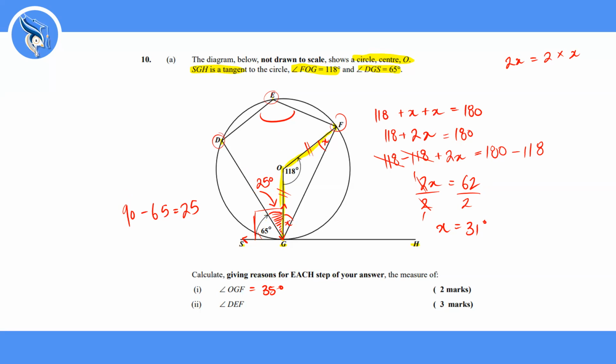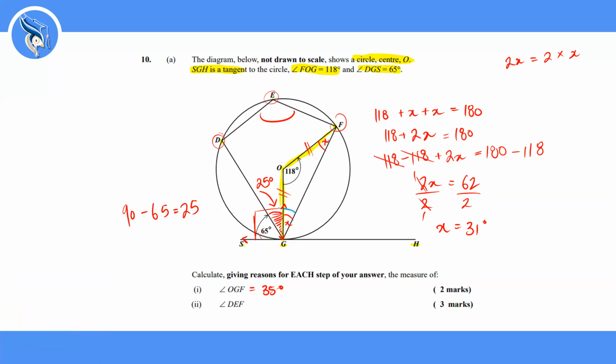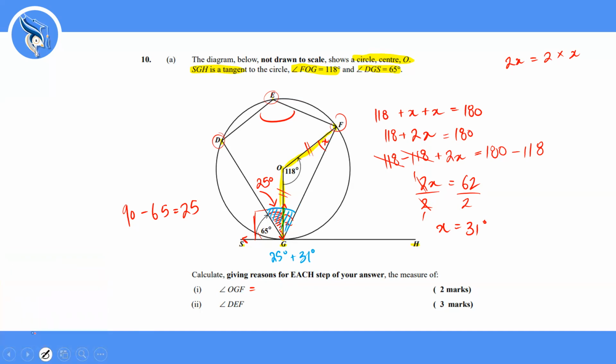So we found out that here is 25 degrees, and right here is 31. So we now know the size of all of this. This would be 25 degrees plus the 31 that we just found. I'm sure I wrote 35 down here. I don't know why I'm slipping up so much now. Please forgive me, I'll be more careful.